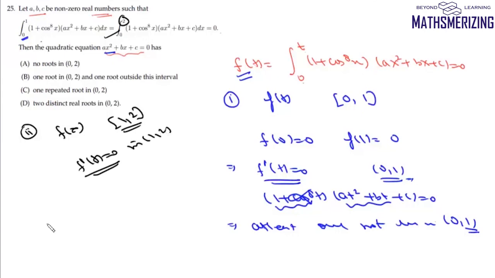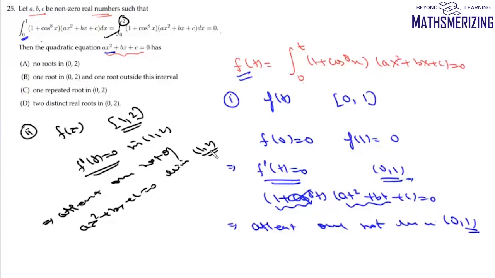So from here again we can say at least one root of this quadratic ax² + bx + c = 0 will lie in 1, 2. Now it's a quadratic equation. It cannot have more than two roots. So that means exactly one root will lie between 0 and 1 and exactly one root will lie between 1 and 2. So it has two distinct real roots in 0, 2, and that's your option number D.